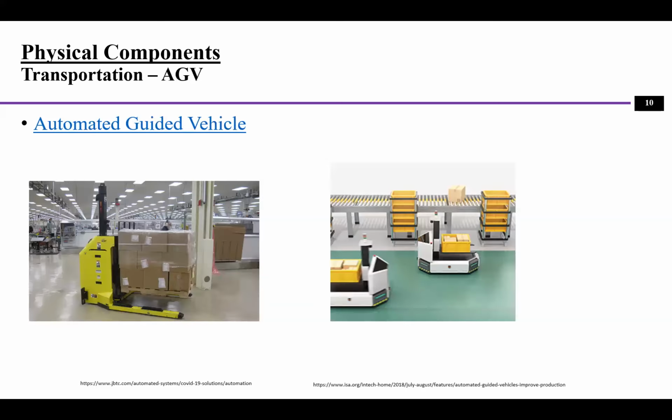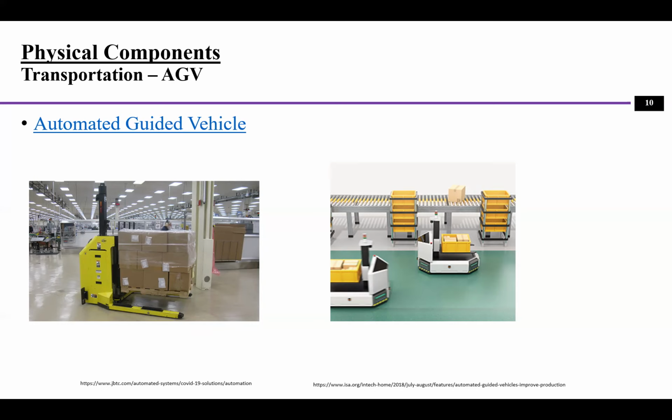Another type of transportation vehicle is called the automated guided vehicle, AGV. AGV is very similar to autonomous vehicles, in that no one is really operating it. Instead, it just uses programmed paths and goes places. There are different technologies for AGV.